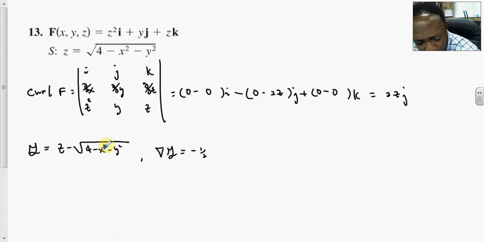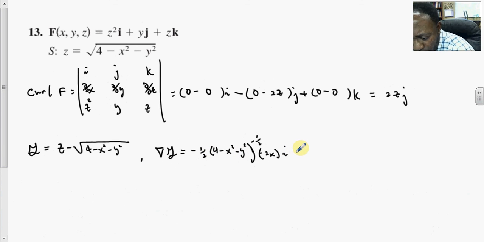Take the derivative of this radical, 4 minus x squared minus y squared is to the negative 1/2, times the partial of the inside with respect to x. It's negative 2x. So do you see that this is going to be just x divided by the square root?